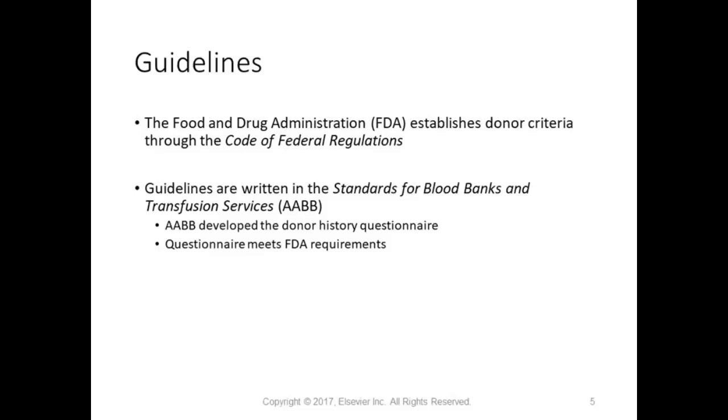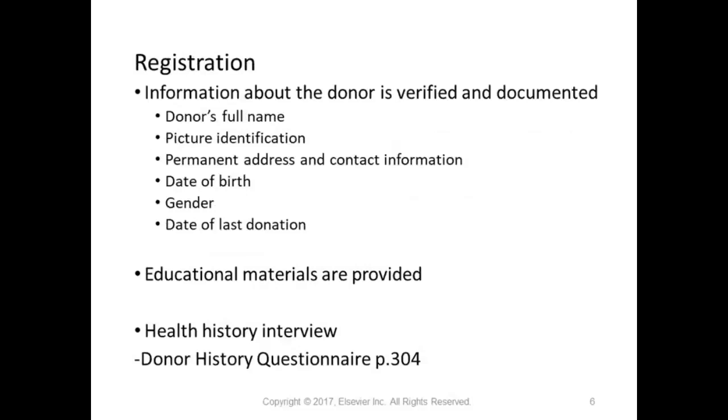So the FDA establishes donor criteria through the Code of Federal Regulations. Guidelines are written for the donor. You have a donor history questionnaire, and the questionnaire must meet the FDA's requirements.